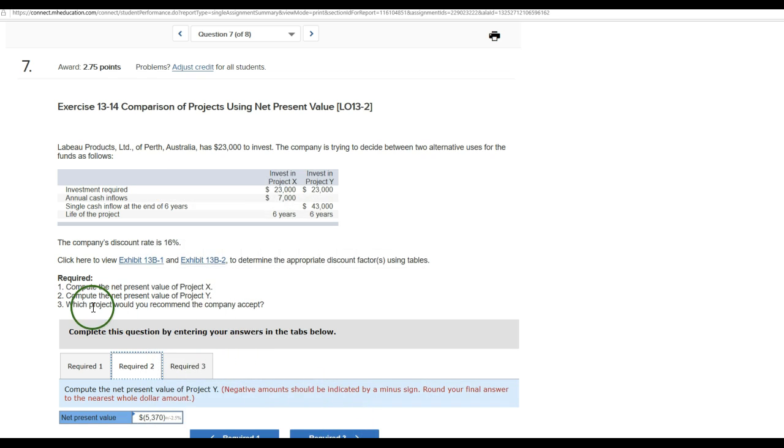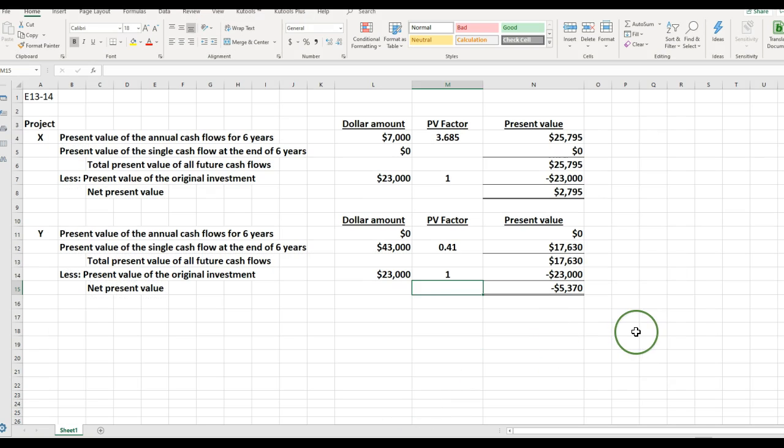And now the third item, which project would you recommend the company accept? Well, what do you think? You have a project that generates a positive net present value of $2,795, and we know that that earns more than 16%. I'm not sure what the exact percent is, but we know it's more than 16% because it has a positive net present value.